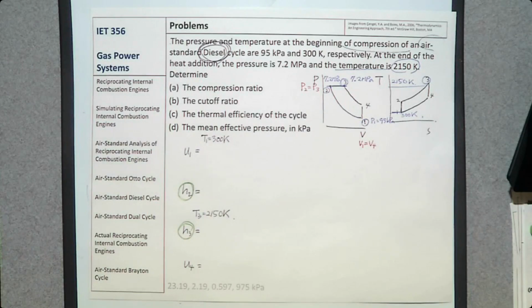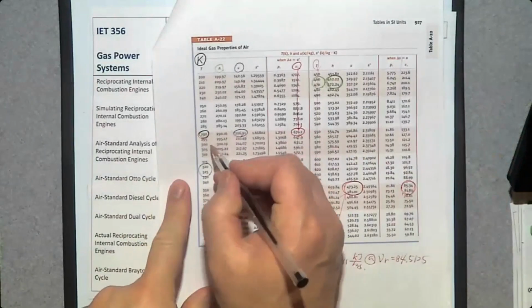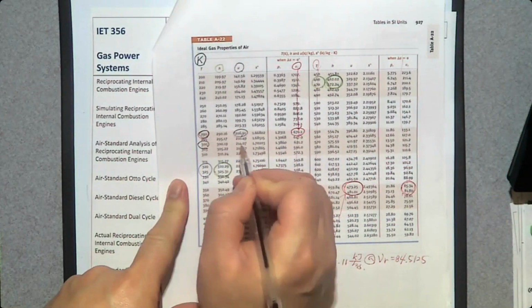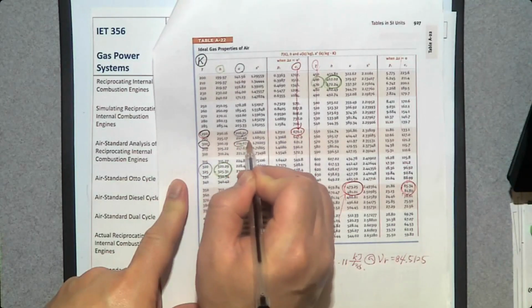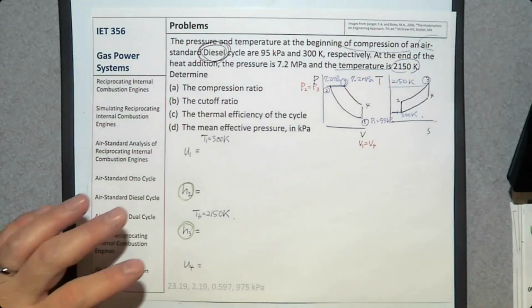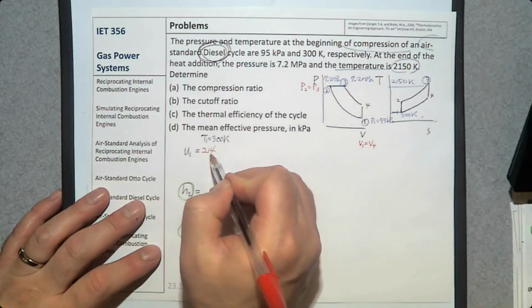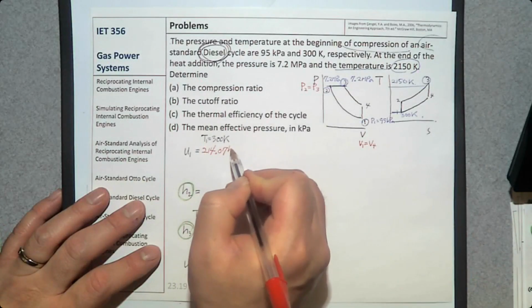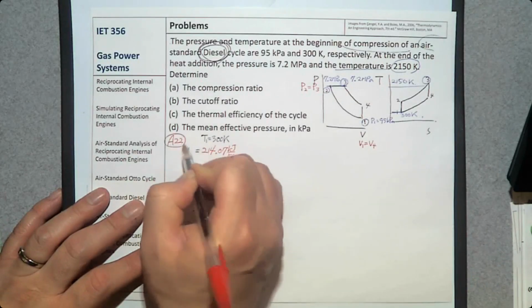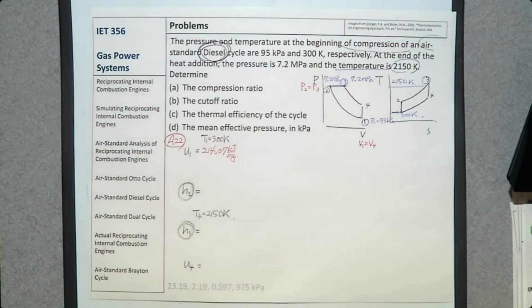At 300 Kelvin, U1 is 214.07 kilojoule per kilogram, directly from table A22.